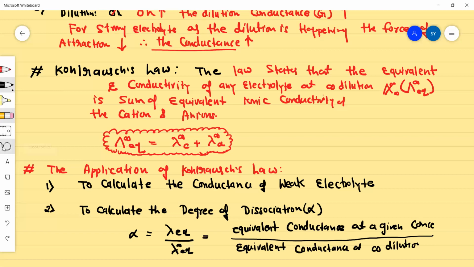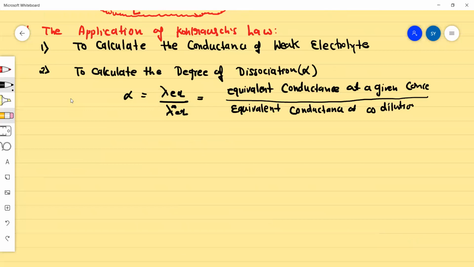Apart from this, it is used for calculating the dissociation constant for weak electrolyte. You must have heard of Ostwald's dilution law, which is applicable to weak electrolytes. So it is used to calculate the dissociation constant for weak electrolyte.